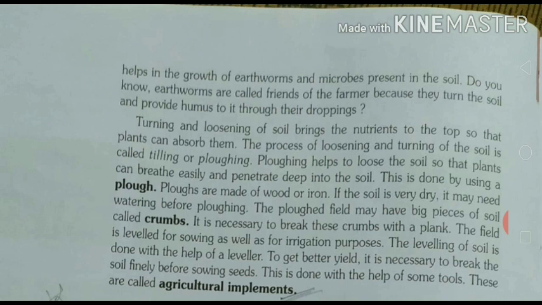If the soil is very dry, it breaks into large mud crumbs during plowing. The mud crumbs are then broken down by using a soil plank called a crumb crusher. Turning and loosening of soil bring the nutrients to the top so that plants can absorb them.